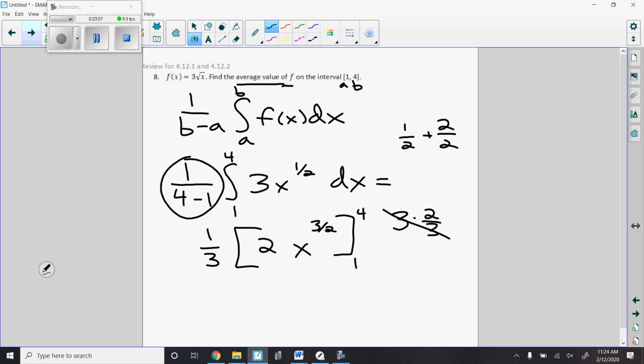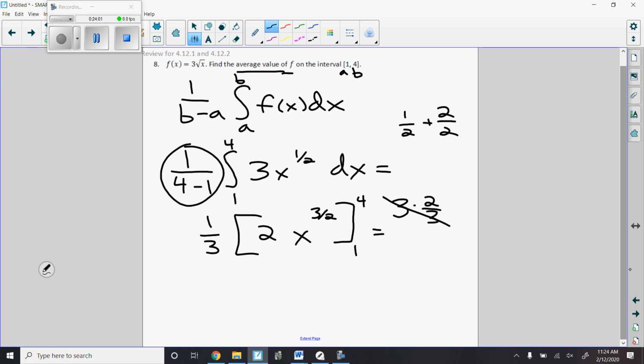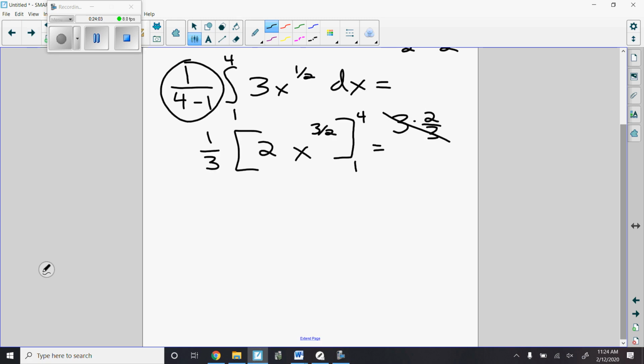Okay? And again, I want to put this in a form that's going to be easy to evaluate. So I'm going to change this 3/2 power to a square root and then cubed. So again, I'm going to have 1/3 times 2 square root of x cubed.